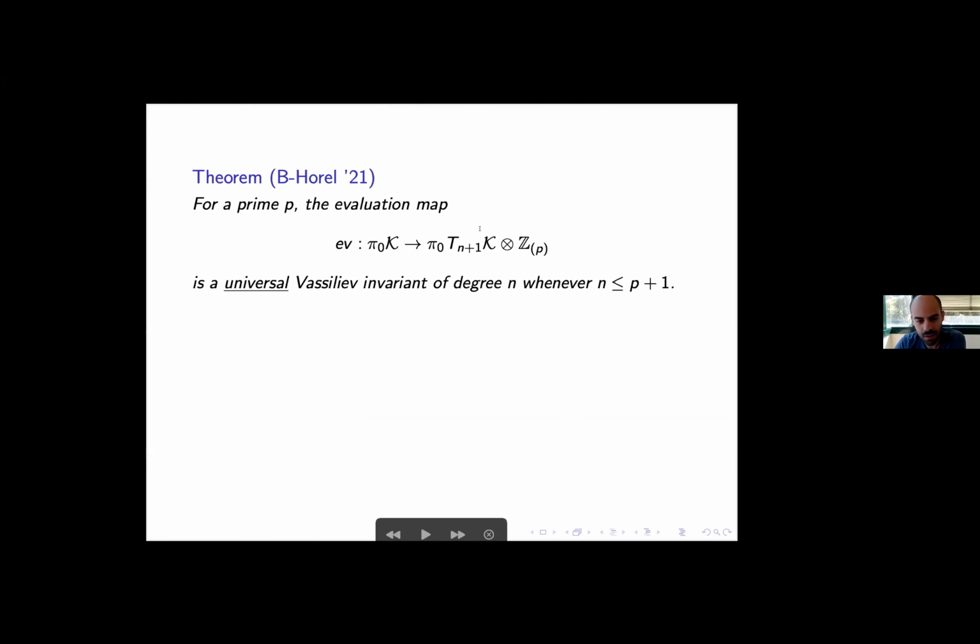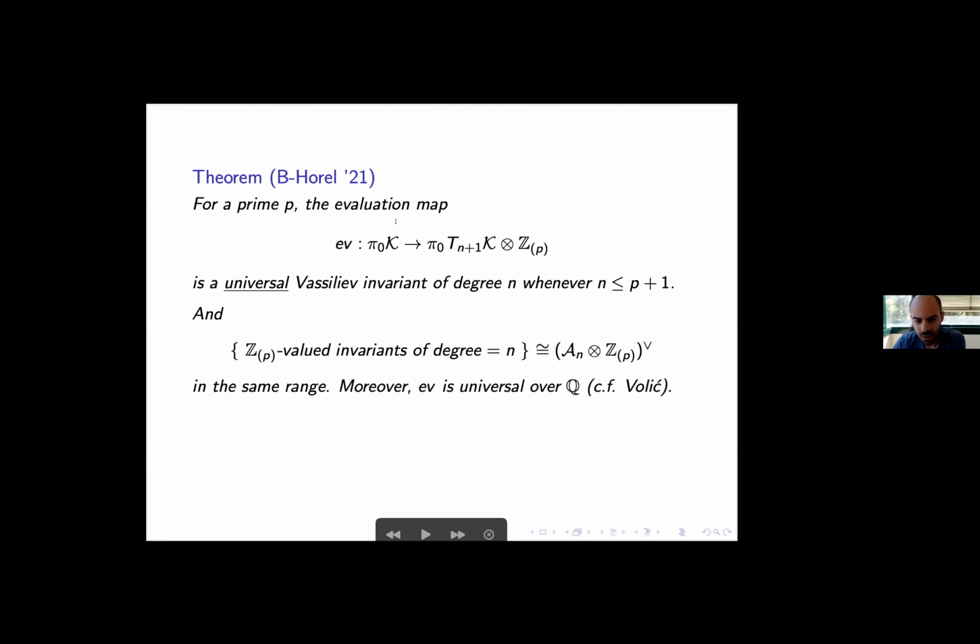Okay, so you invert everything but p, and you look at this evaluation map, and we could show that it's a universal invariant of degree n in this range. Okay, so as the prime gets larger, you get a better and better invariant. And it also follows from this that the p local Vassiliev invariants of degree exactly n are just like in the Kontsevich integral. They are like duals, Z_p duals of this Z_p module of Feynman diagrams in the same range here.